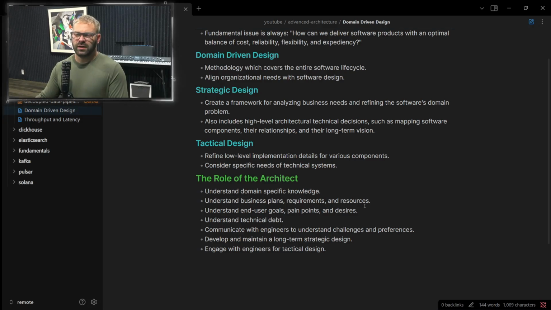We need to understand the technical debt that we have in our existing systems, and if this is going to incur additional technical debt, we need to be aware of that as well. And during this process, we also need to be working with engineers very closely, understanding their pain points in their existing projects, how a new project or a new integration with their system would have an impact on them, and what their preferences are.